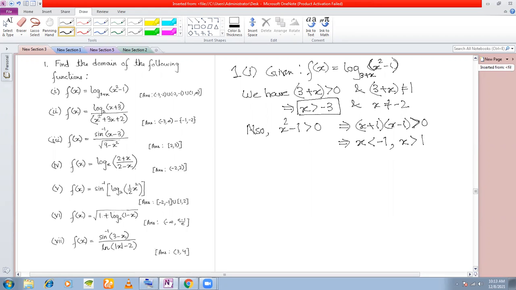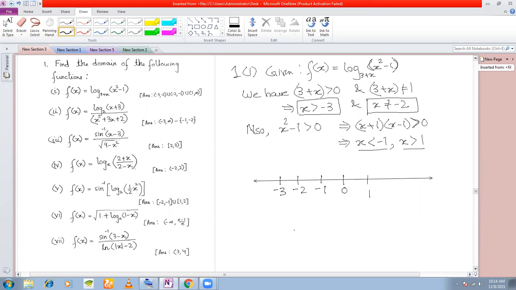x has to be greater than minus 3, x cannot be equal to minus 2, x has to be less than minus 1, and x has to be greater than 1. If you check this on the number line in your rough, let's say this is the point minus 2, the point minus 3, this is the point minus 1, and this is the point 1.